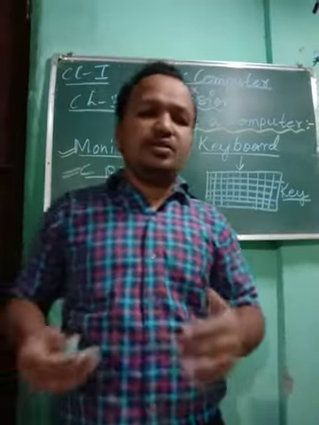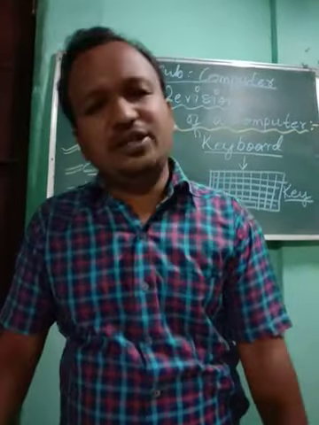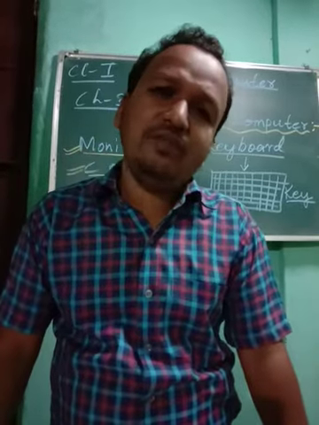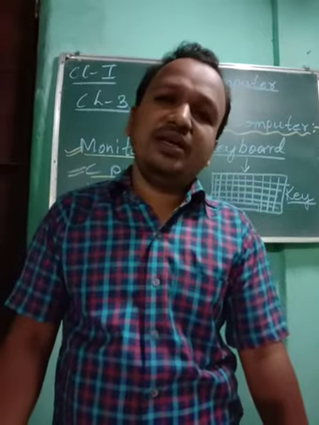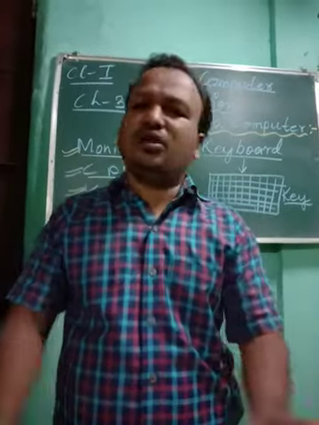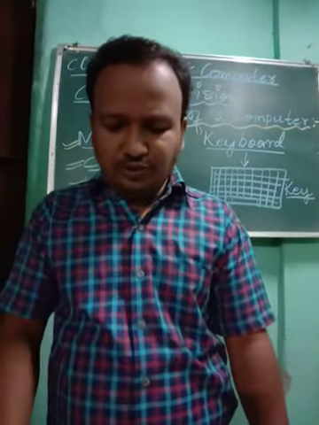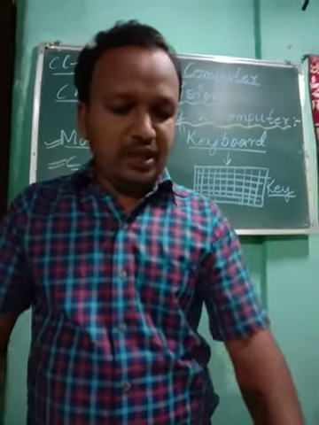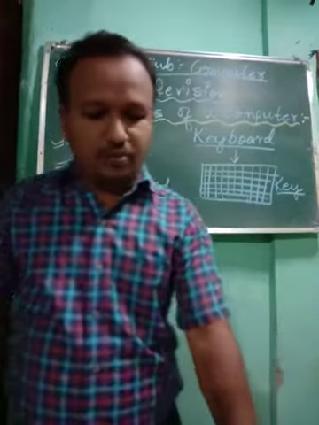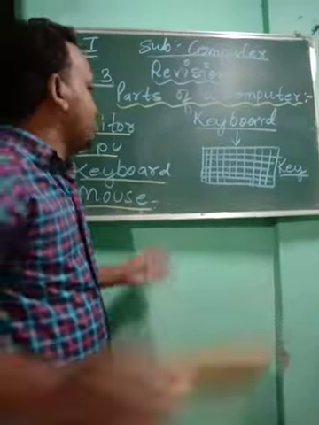So when you want to type a letter, a paragraph, a name, or write 5 lines about yourself, your family, your class, everything you can do. So keyboard helps to give a command to the computer. Now next we are going to talk about the mouse.